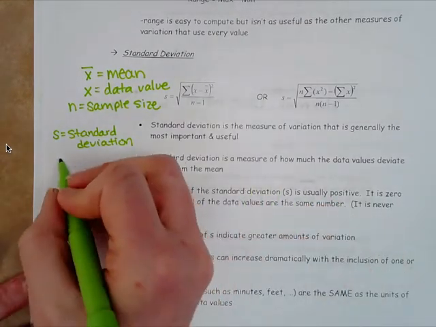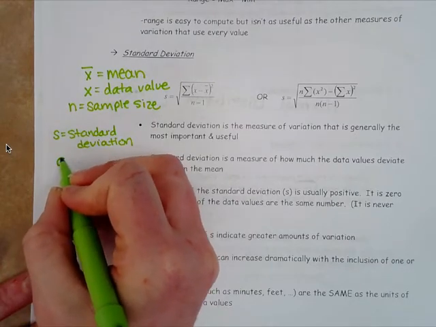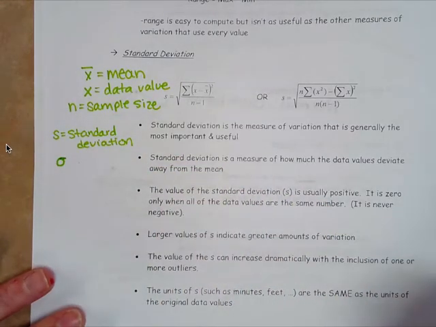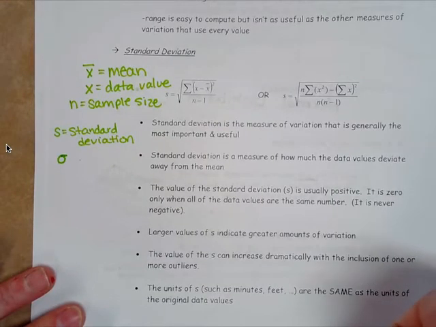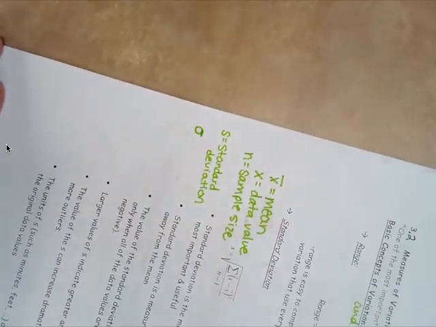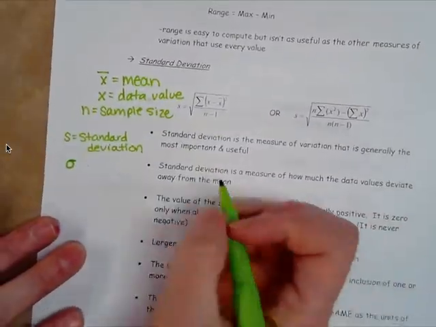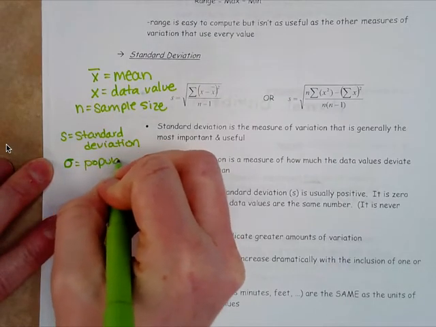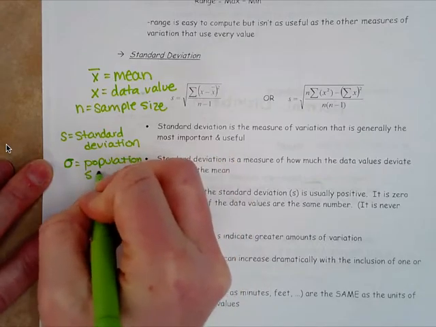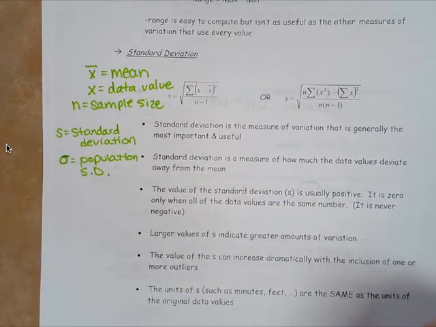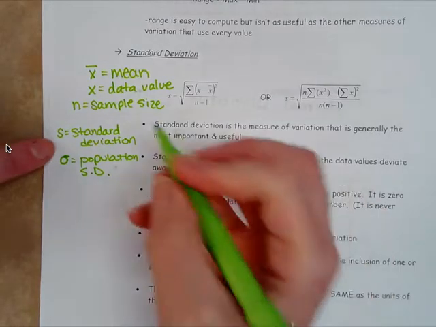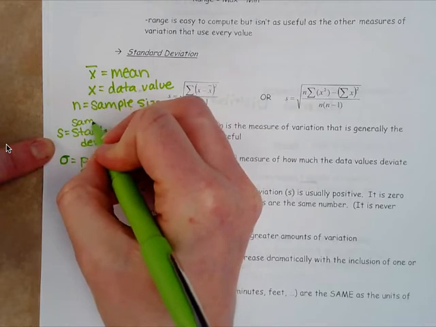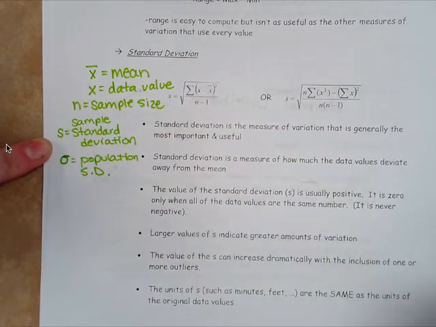And then sigma, which is kind of like a lowercase cursive o, or if you look at it sideways, looks kind of like a q turned on its side. This is the population standard deviation. So little s is actually the sample. I forgot to put sample on there. So it's our sample standard deviation.